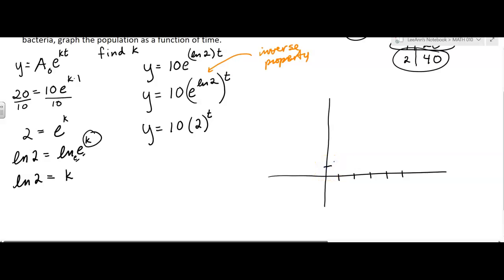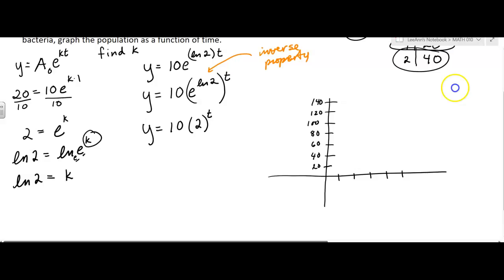So 20, 40, 60, 80, 100, 120, 140. We'll just write it here. And we're counting by 20s. Now, when you change your scale, you do need to mark it. You don't have to put all the numbers in. I probably have too many. Usually they space it out, so I'll just put them all in. Okay. And then this is going to allow us to get a graph.